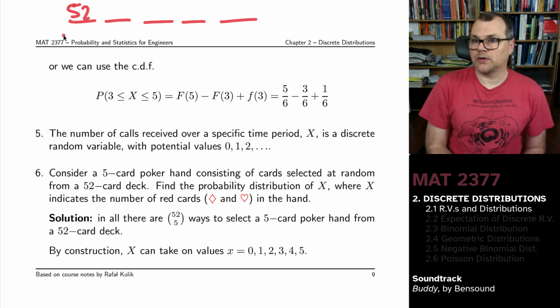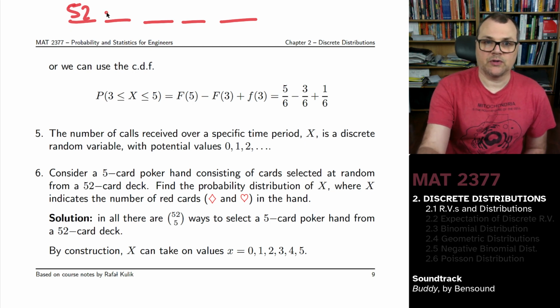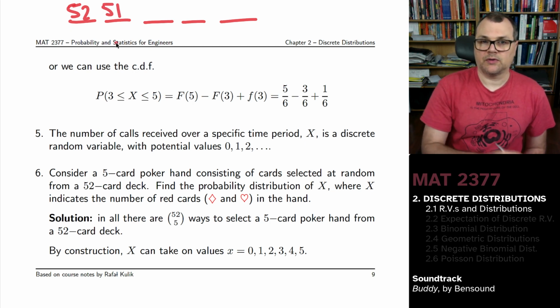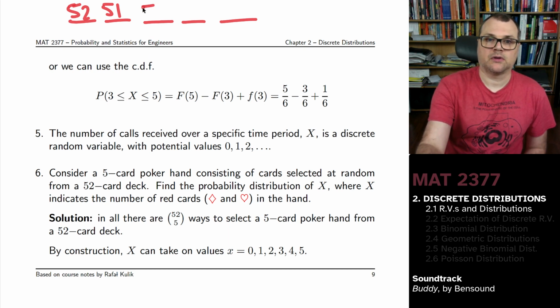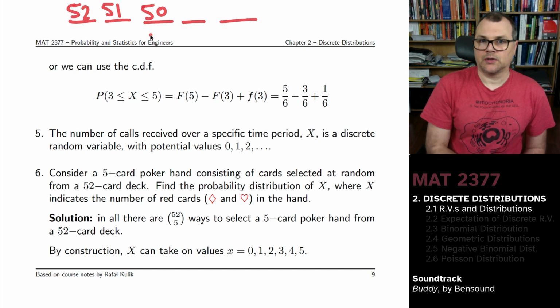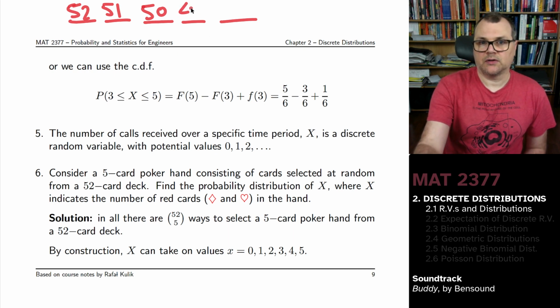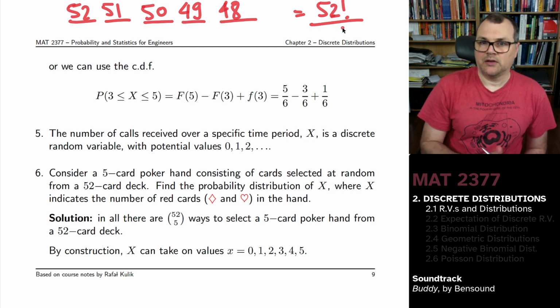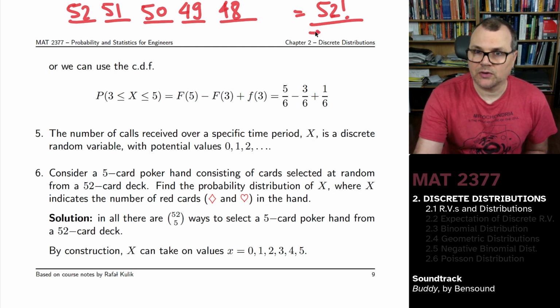For the first one, it'll be 51 choices. For the next one, 50 choices, 49, 48, right? And that's going to be the same thing as 52 factorial divided by 52 minus 5 factorial.